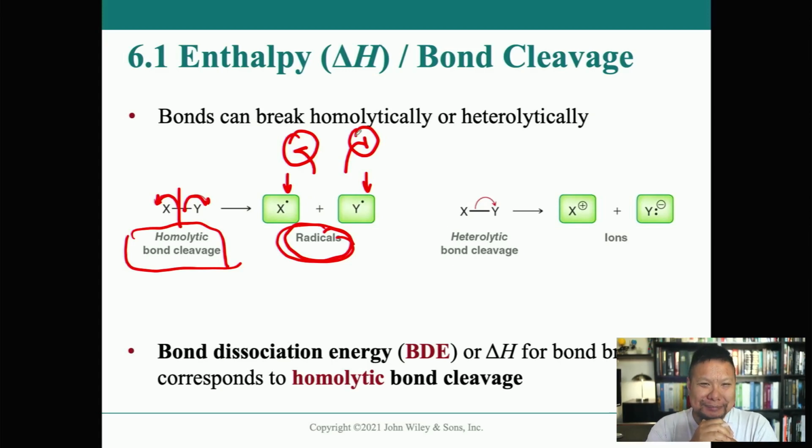Anyway, so that's radical cleavage right there, or homolytic cleavage. There's also heterolytic cleavage, which is what we're most familiar with, right? For example, when we have an acid, and then a base comes over, and it pulls off the proton, and that happens like that.